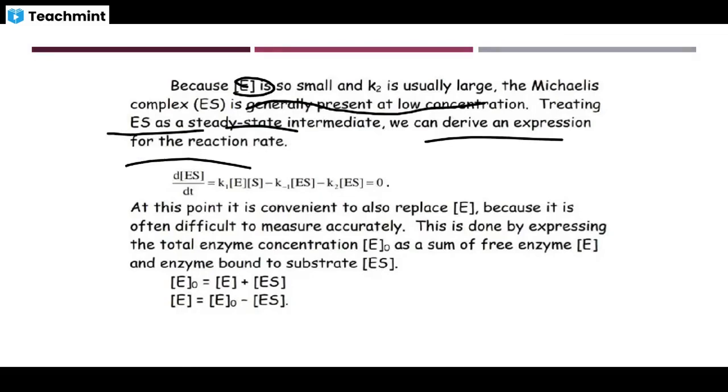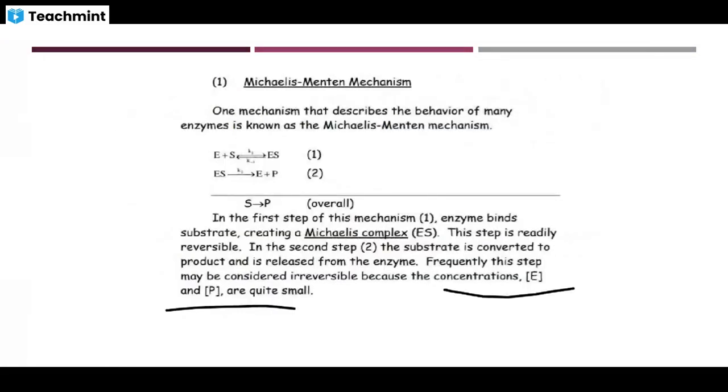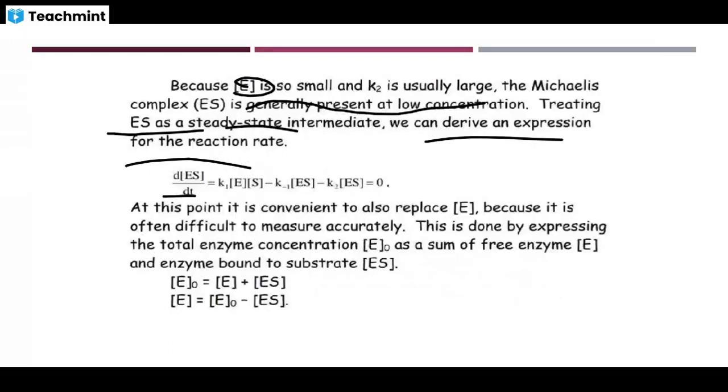So to derive the steady state: d[ES]/dt equals, you see ES is formed at k1[E][S], and decomposed by k minus 1[ES] and decomposed by k2[ES], equal to 0.